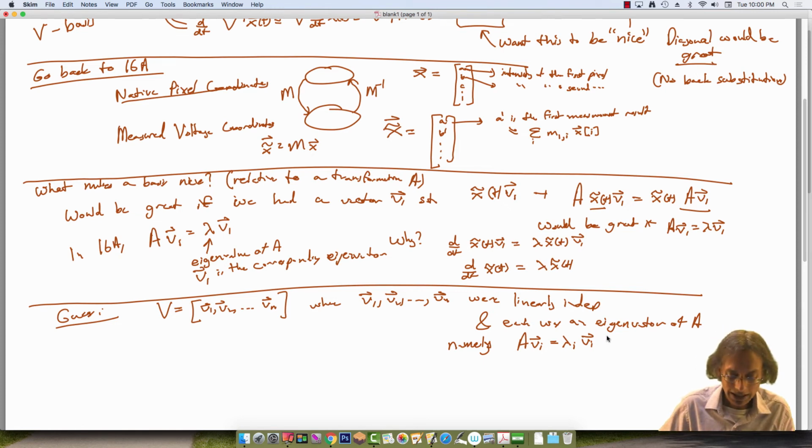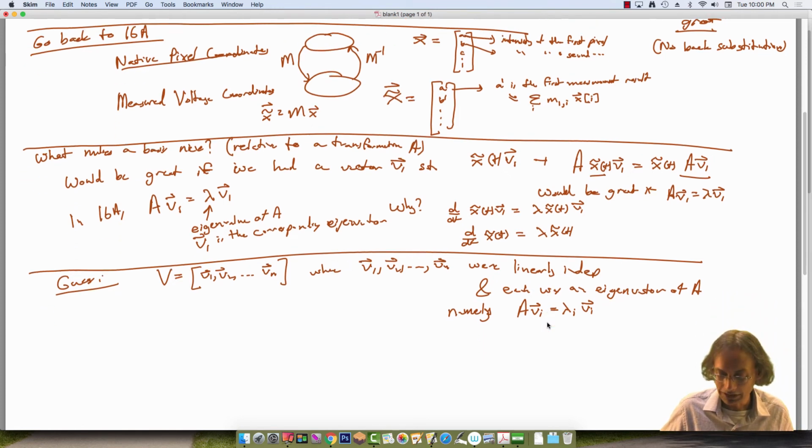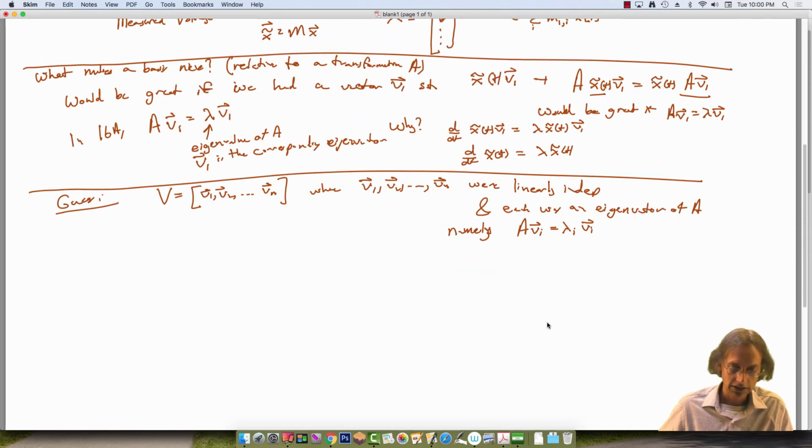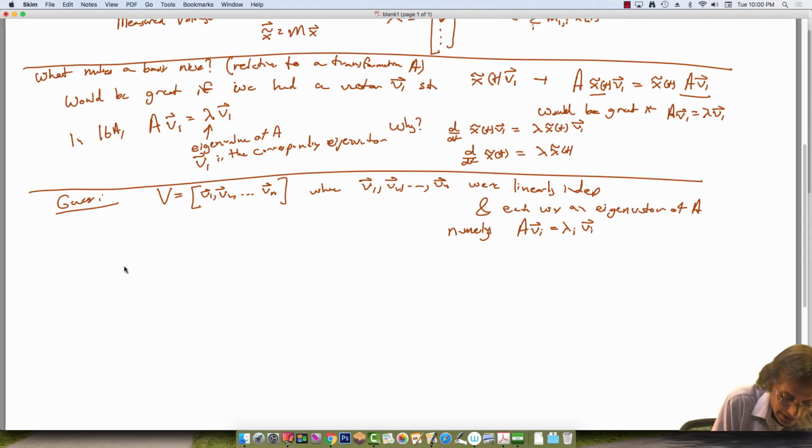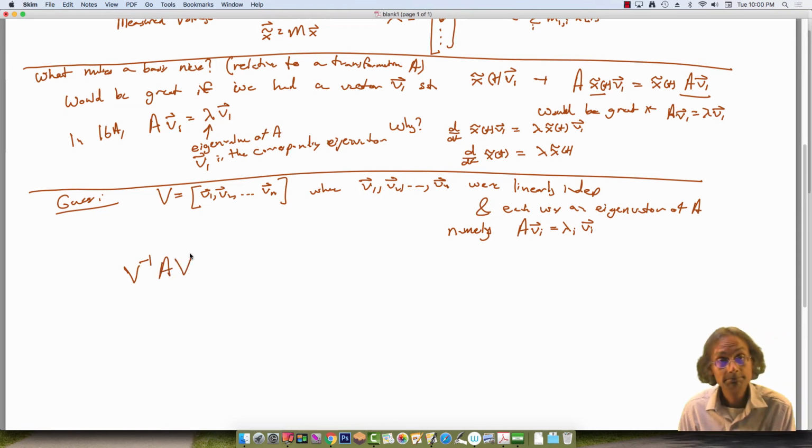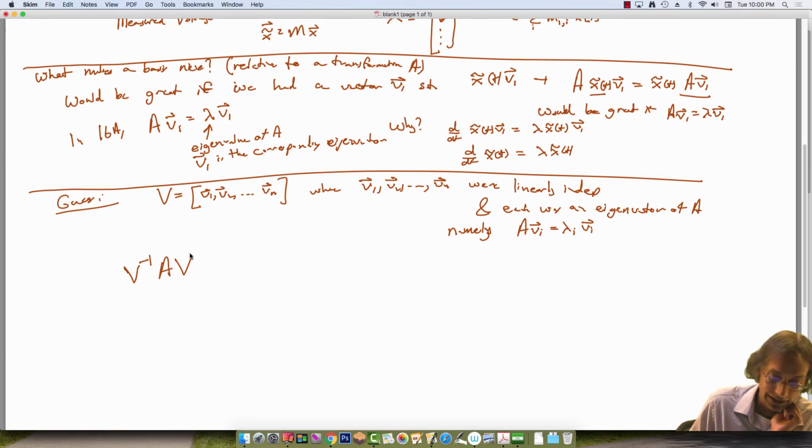Now, why would that be the case? Do we believe this? Why should we believe this? The interesting quantity for us is V inverse A V. We would like this matrix to be nice. So what does this look like if V is a bunch of eigenvectors? This is equal to V inverse A times the matrix v1, v2, up to vn.